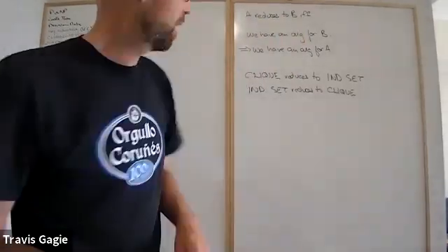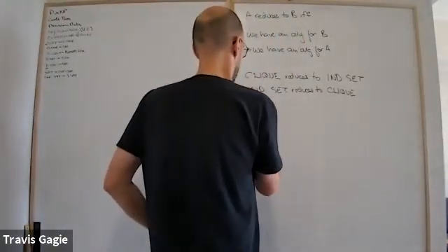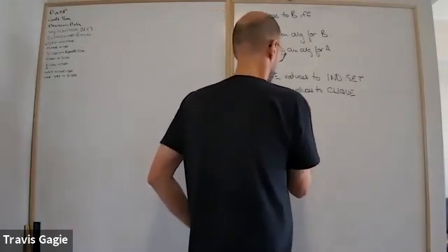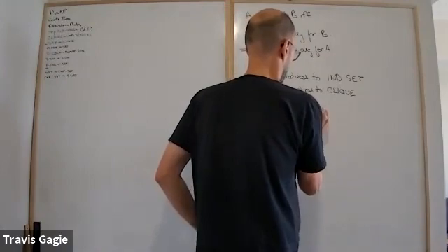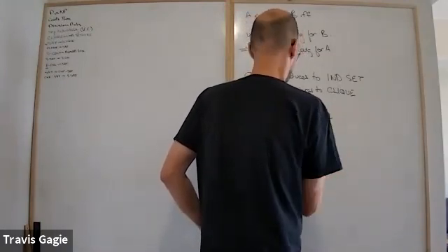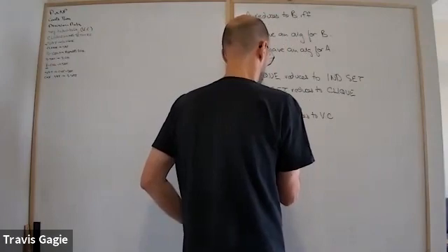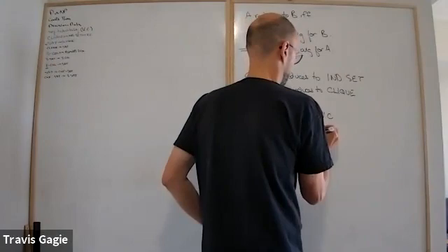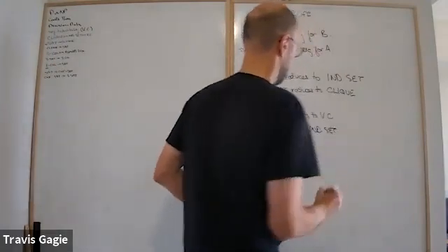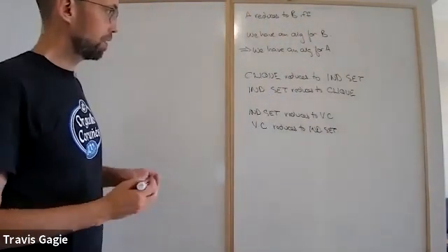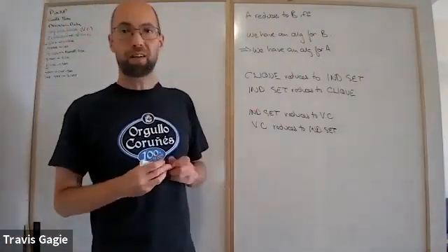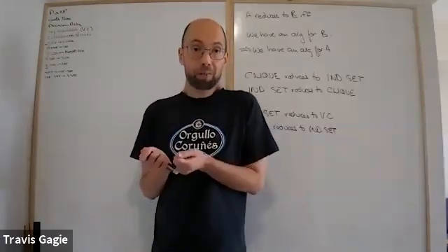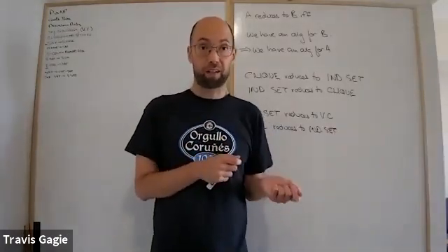So now we say independent set reduces to vertex cover. This is also pretty easy, but the key is the complement of an independent set is a vertex cover.